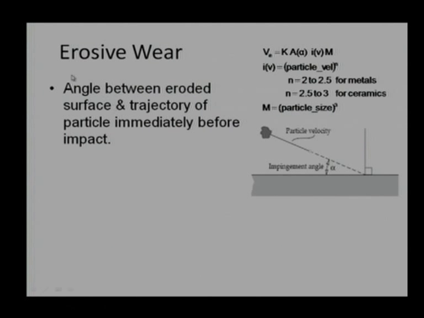So, we say that impact angle is the angle between the eroded surface and the trajectory of the particle immediately before the impact. If impact angle alpha is initially very high or very low, but is changing at the last moment, then we will count only the last moment angle. That will be alpha, the impingement angle, the impact angle.